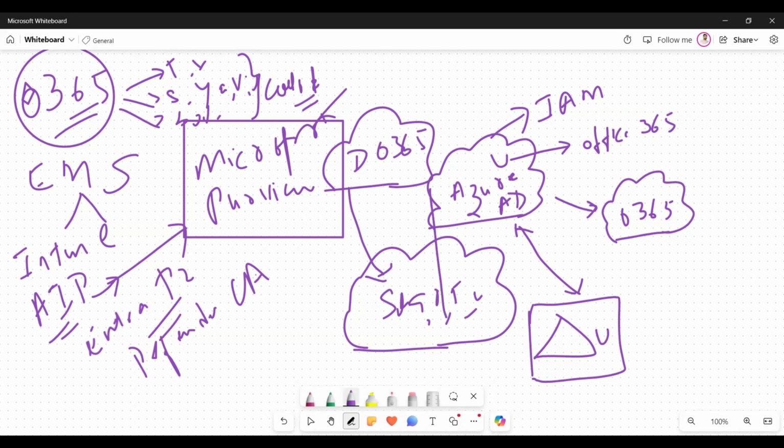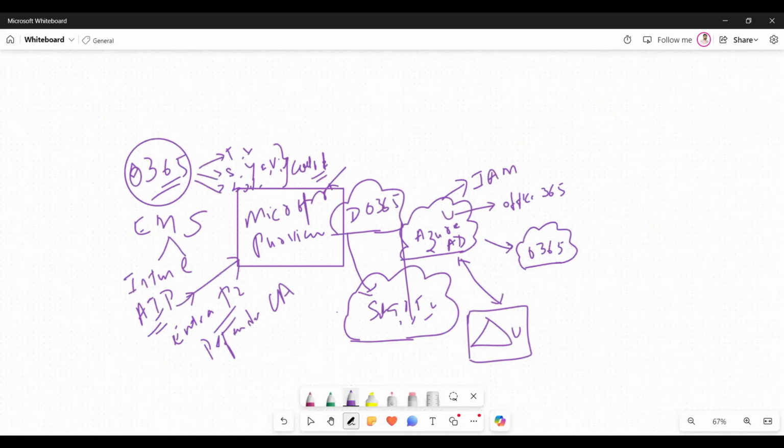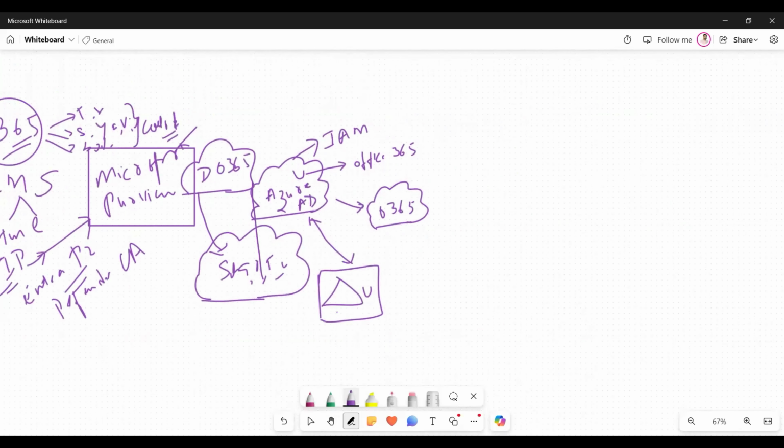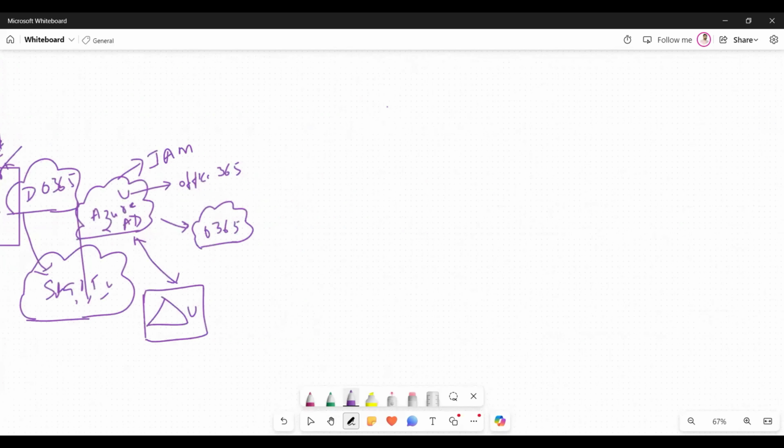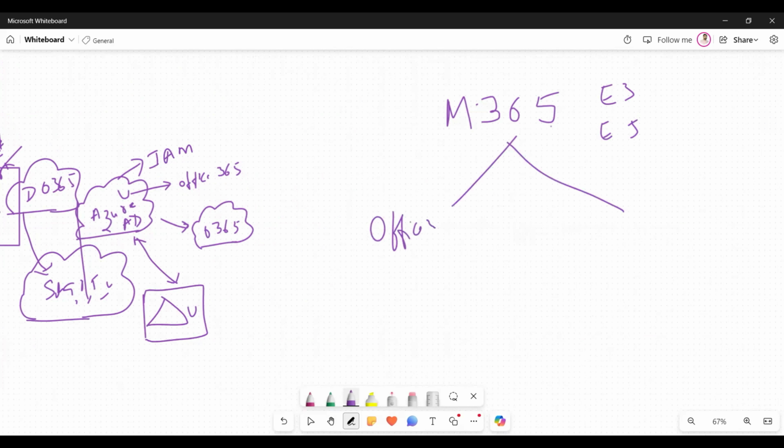So the reason why I started off by telling you all of these products is the way Microsoft organized its entire products is M365. You buy an M365 E3 or E5 license. What you actually get is Office 365.